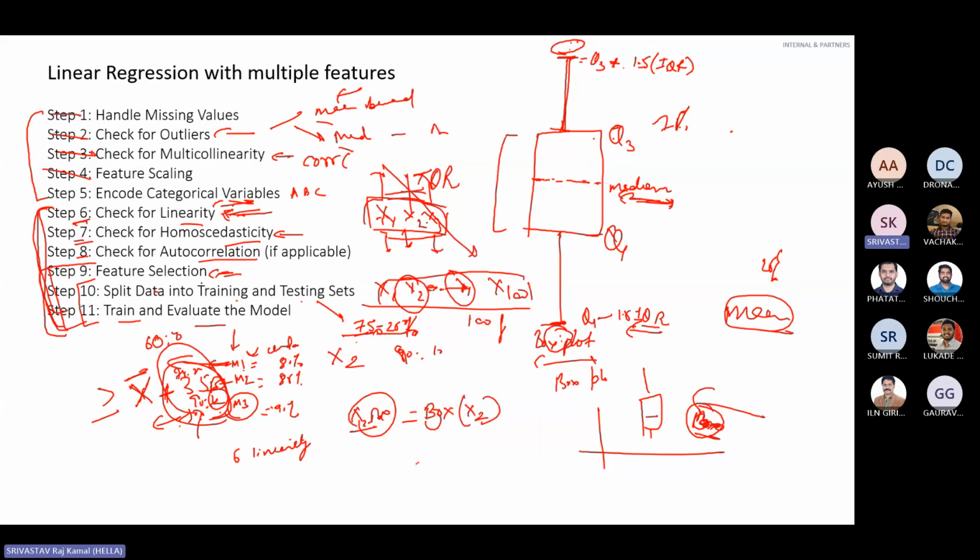So what homoscedasticity says is, if I'm training a model, and for the same feature over different training runs, I did some experiments. After full convergence, I got some values here.